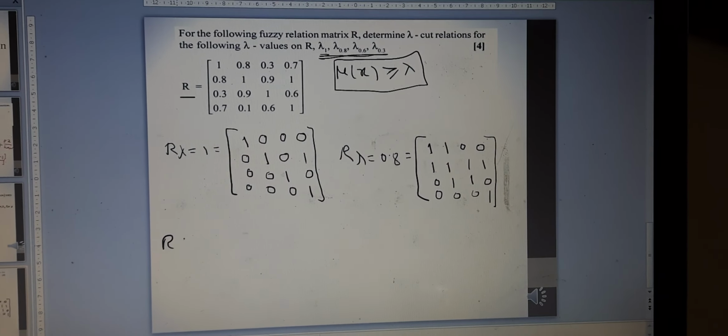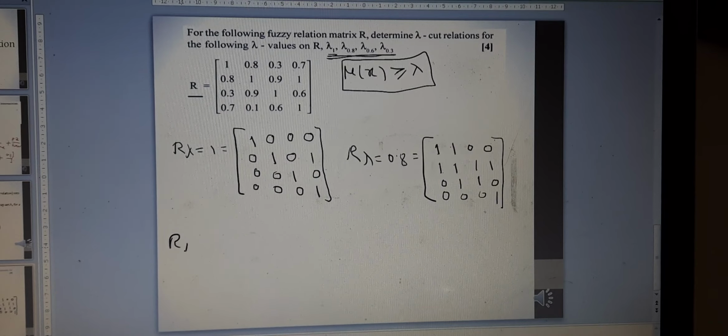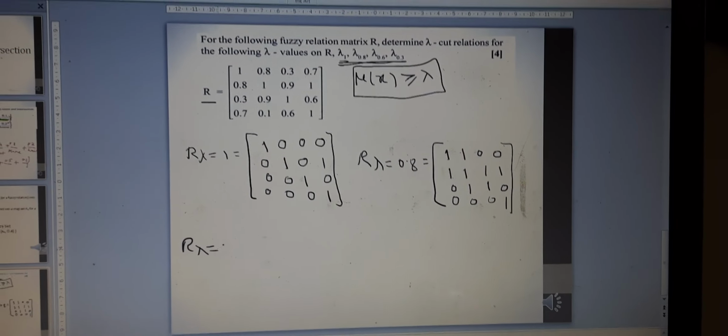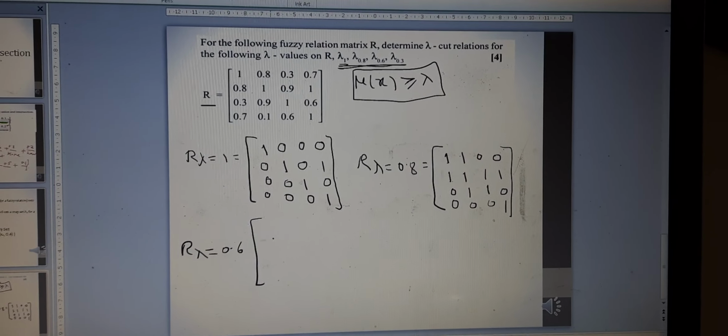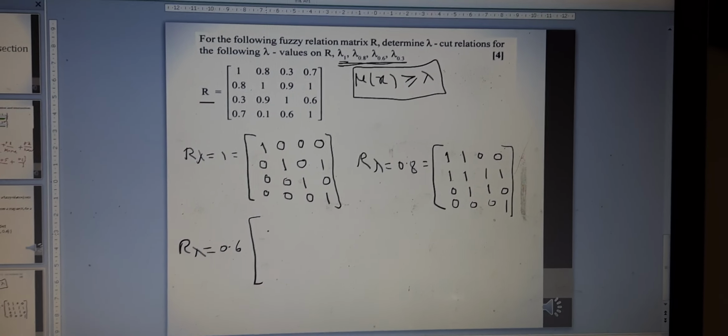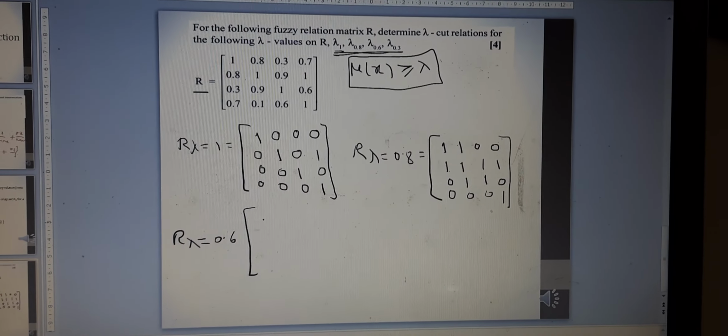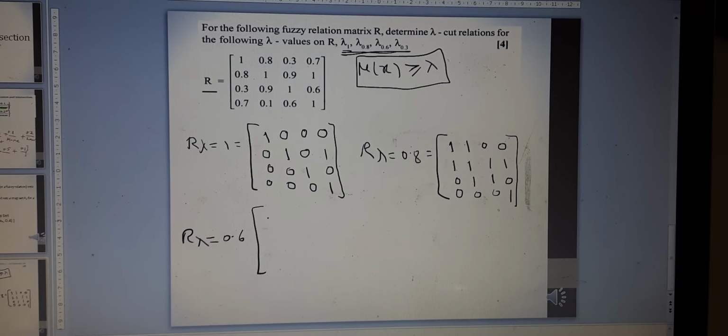Next, you have to consider the value 0.6 for lambda. For R lambda 0.6, you have to consider all those elements x whose value is greater than or equal to 0.6.